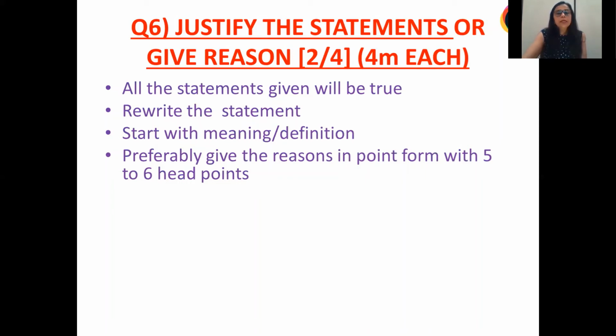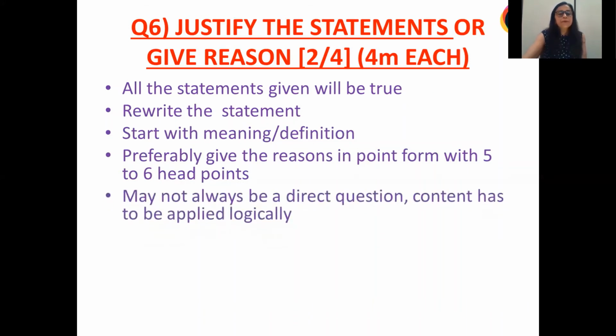There are certain 10 to 15 justify statements which are important in the syllabus. I will be posting a video on these important justify statement questions. And that practice is very, very essential because this is one question where students tend to lose marks. So please be careful and make sure that you follow these instructions.